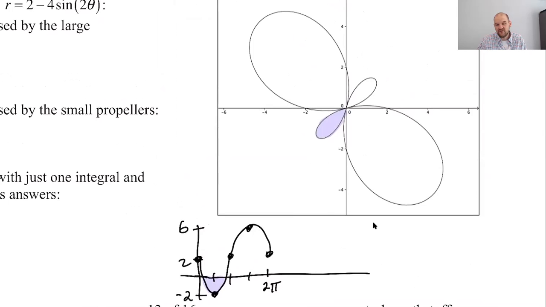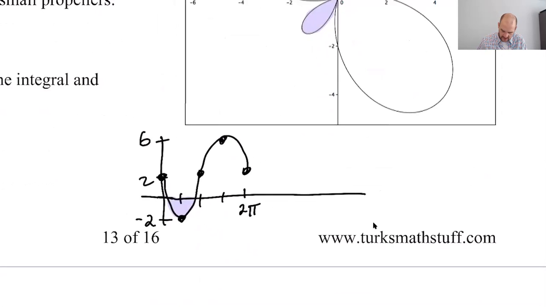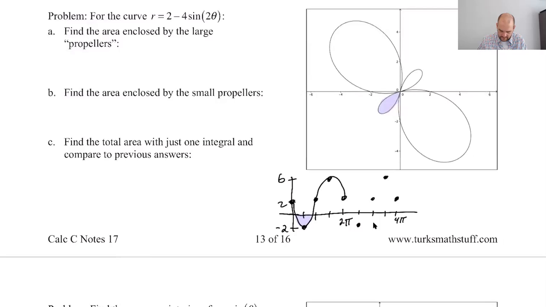I don't really have one full big petal graphed yet. I need to keep going. So let's go to 4 pi, and then 3 pi, and blah, blah, blah. Mostly I'm blah, blah, blahing because I never worked out what I needed. 2 pi, wait a second. The period of this thing is pi, not 2 pi.